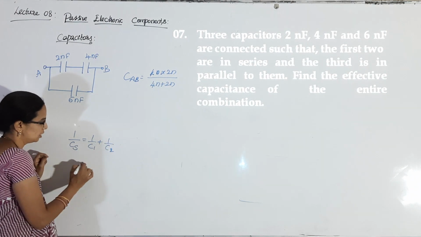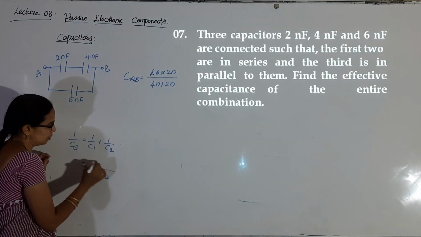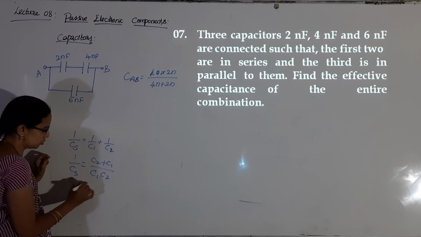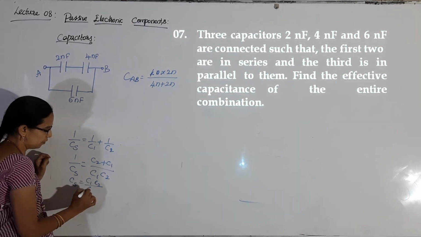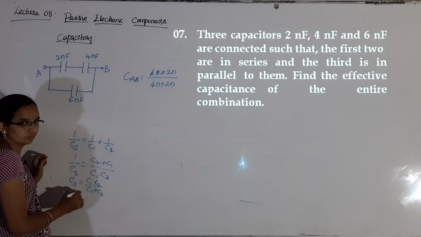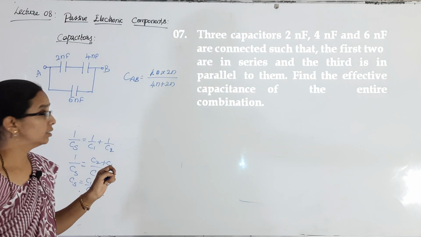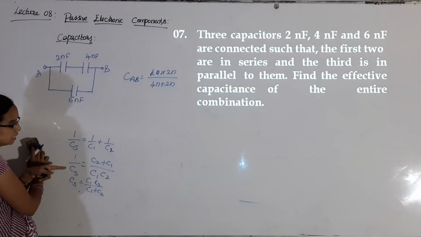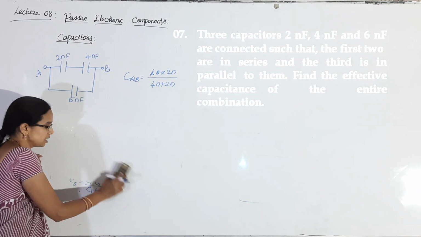If you take LCM C1 C2, it will be C2 plus C1, that is 1 by Cs. Cs is equal to C1 C2 divided by C1 plus C2. In the same way, when two capacitors are connected in series, you can write C1 C2 divided by C1 plus C2.